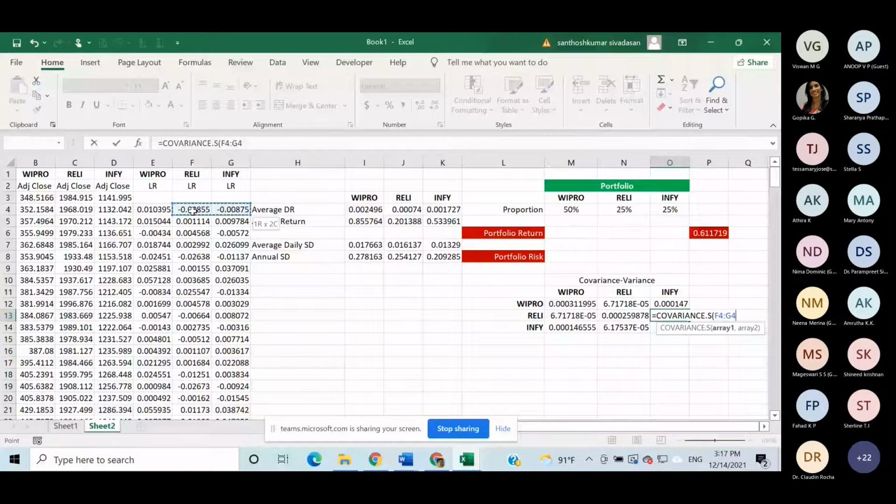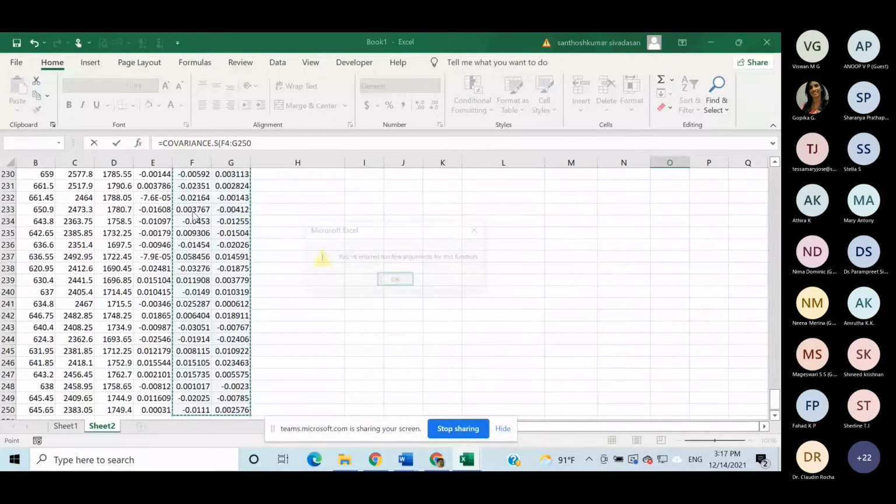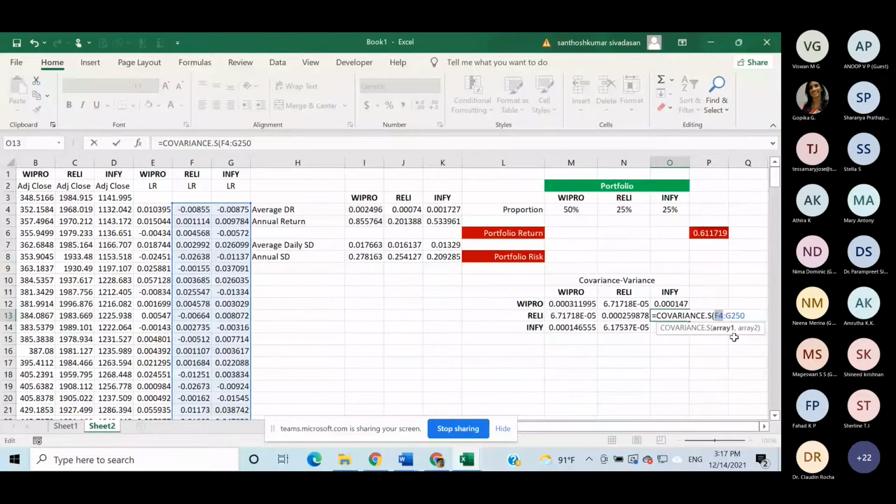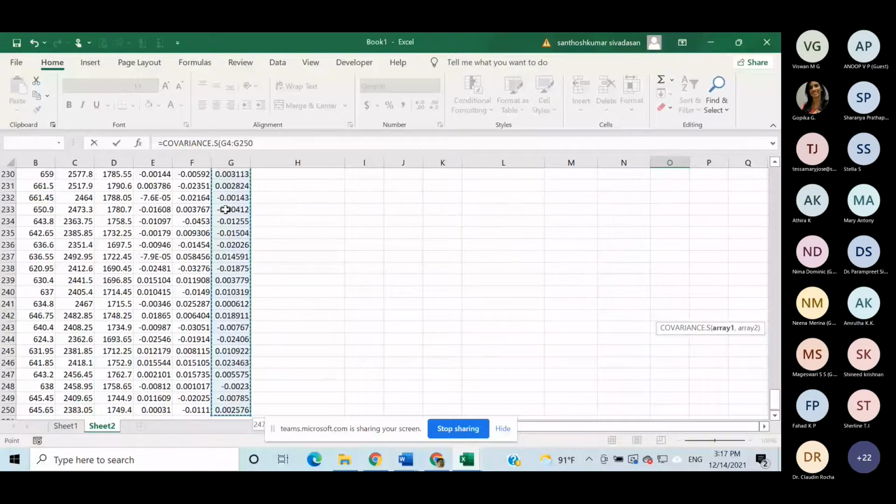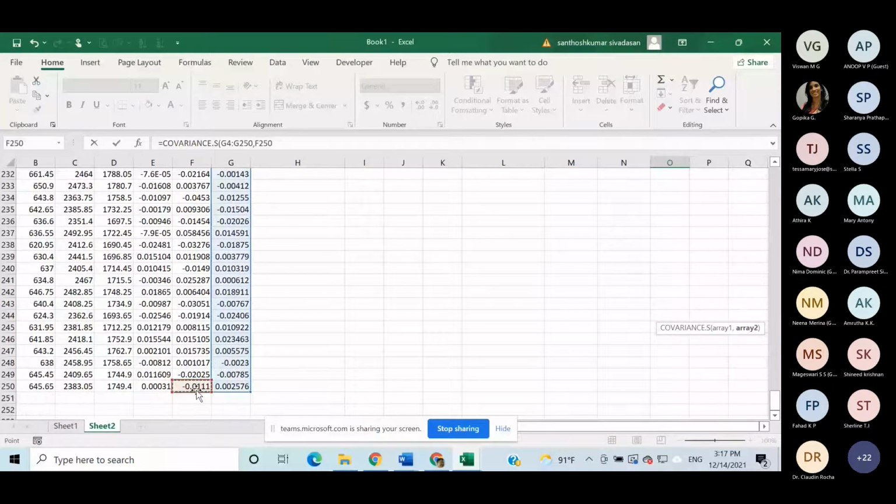And that is not possible. Array 1 and array 2 you have to give, right? So it is covariance of Infosys and Reliance. So Infosys, control shift down arrow, comma, Reliance. Reliance is this one, control shift up arrow. Enter.